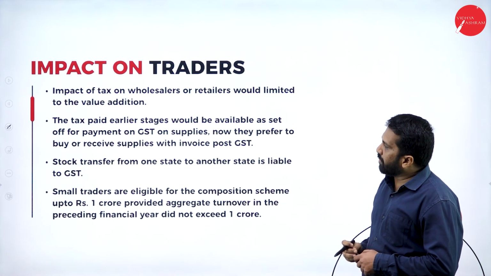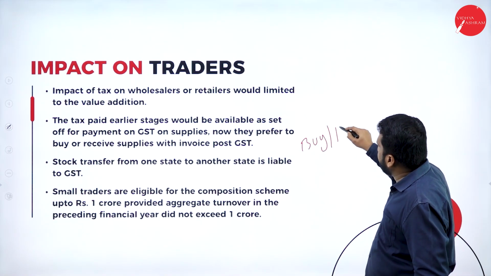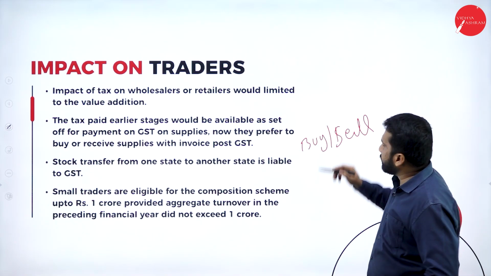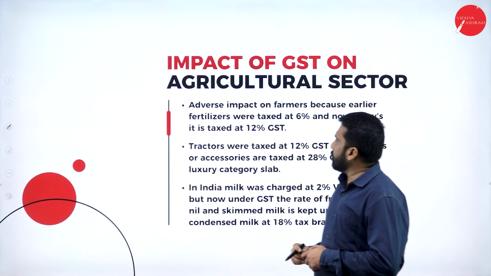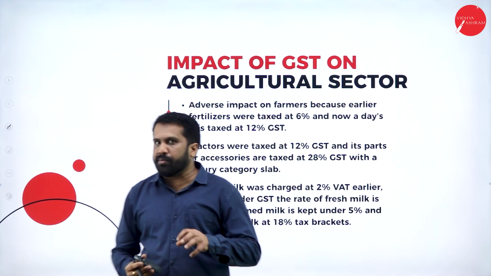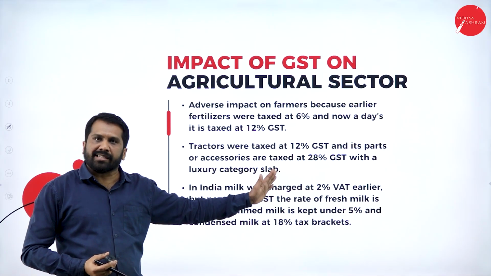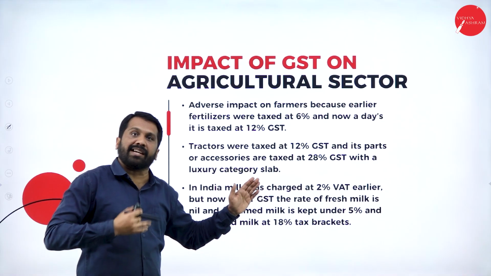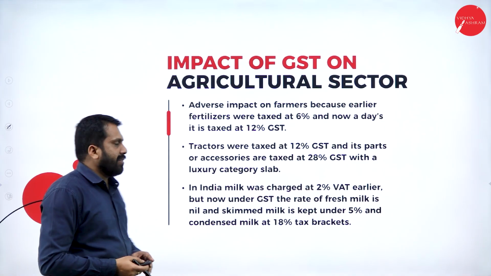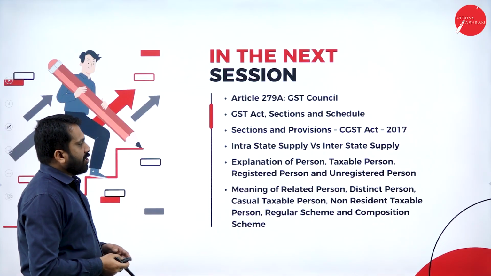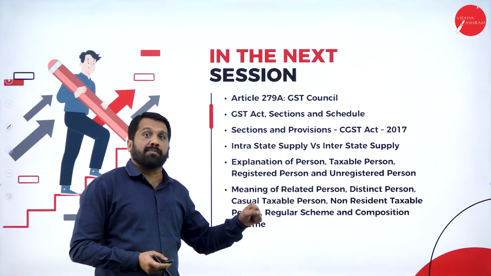Now, trader means what? Where buying and selling happens, that we call traders. Now, impact on the agriculture sector. On the agriculture sector, most of it is completely exempted. As I told you, once it is converted to the next stage, if they have done any value addition, then tax should be levied. In the next session we will understand this in your unit 2 only, the more definition part.